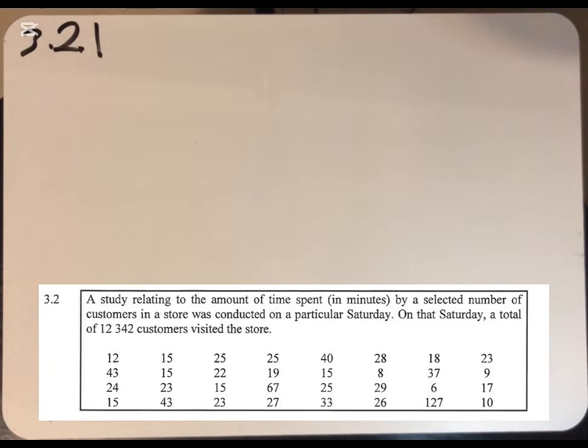If we look at the next question, it says that a study relating to the amount of time spent in minutes by a selected number of customers in the store was conducted on a particular Saturday. On that Saturday, a total of 12,343 customers visited the store.